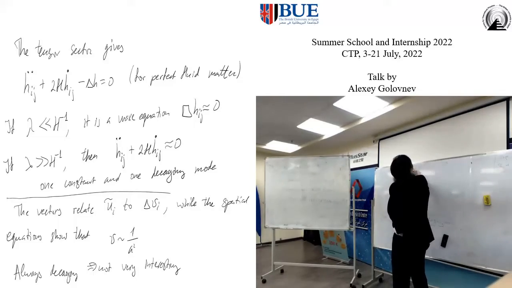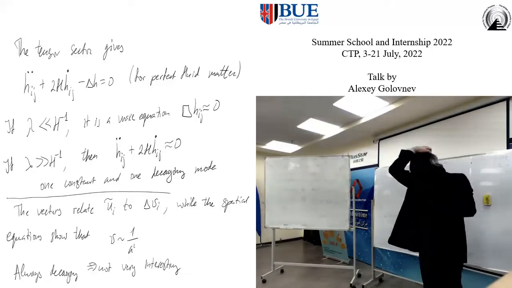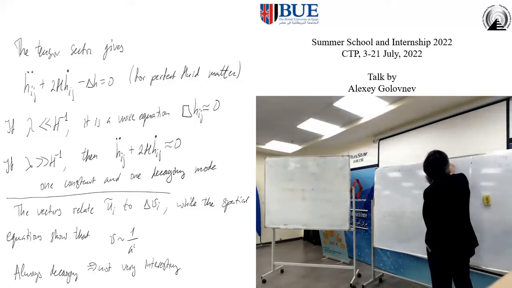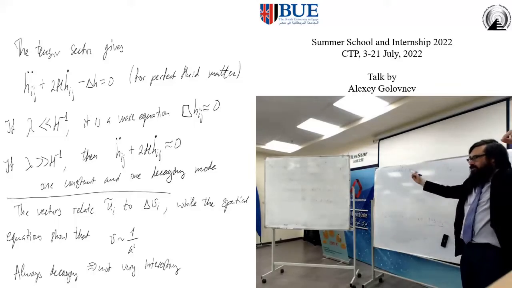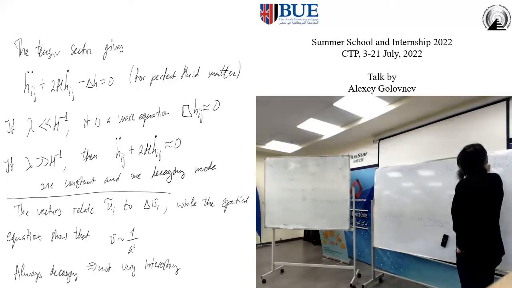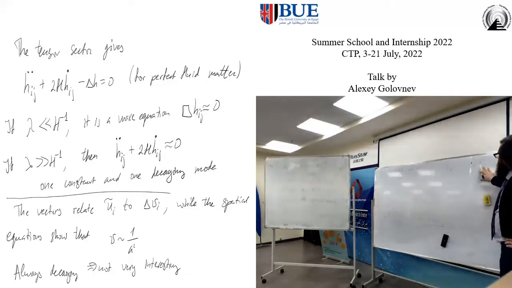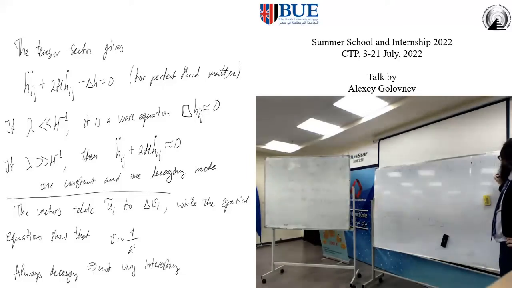Like if my wavelength is very short, then basically this term is not important. I can forget about that and I have just the usual wave equation, like for usual gravitational waves in Minkowski spacetime. If you play a bit with that, you can convince yourself that the important things are the physical wavelengths, by physical I mean not with respect to coordinates but the physical length, multiplied by the scale factor, and the Hubble length, which is basically the Hubble constant to the minus 1, in physical time, like Hubble time or Hubble length, because I put the light velocity to 1.